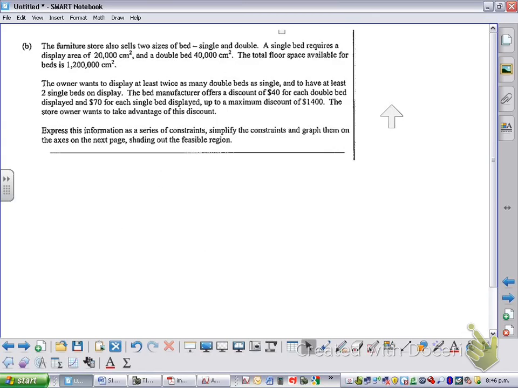And then we talk about another constraint, which is discount. The bed manufacturer offers a discount of $40 for each double bed and $70 for each single. So 70X plus 40Y, a $40 discount for each double bed and $70 for each single bed, up to a maximum discount of $1,400.